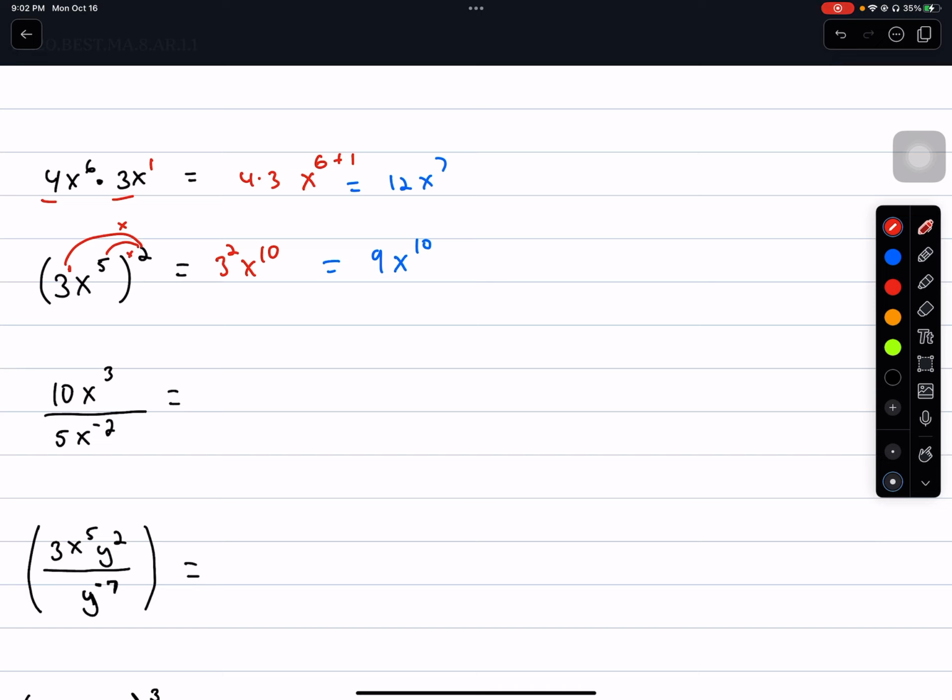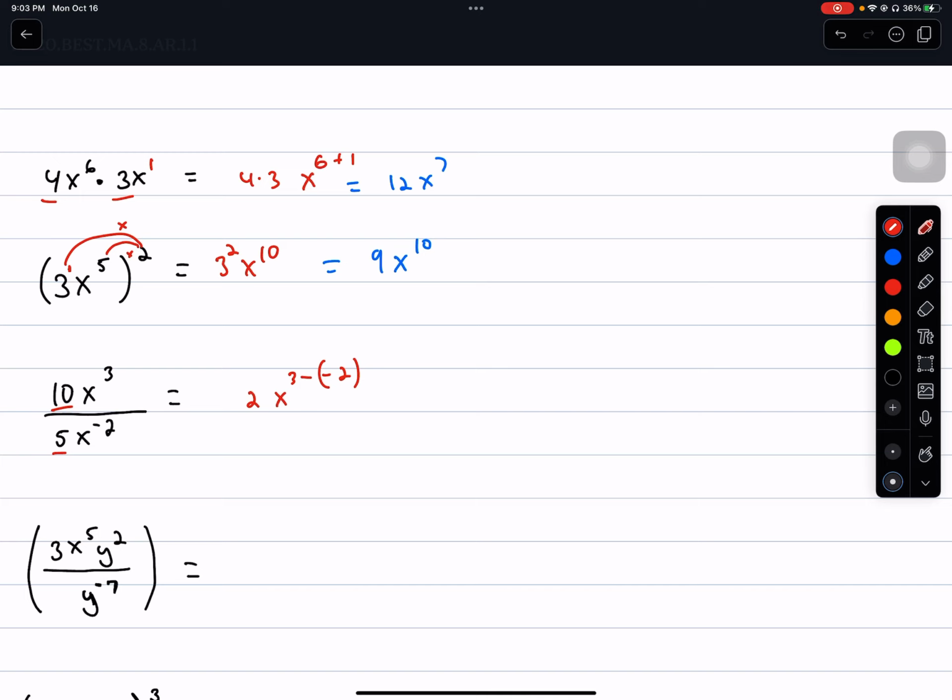All right, let's move on. Now here, once again, with the coefficients, we want to divide the coefficient. 10 divided by 5 is 2. And then since we are dividing exponents with the same base, we're going to go ahead and subtract that. So that's x to the 3rd minus -2.